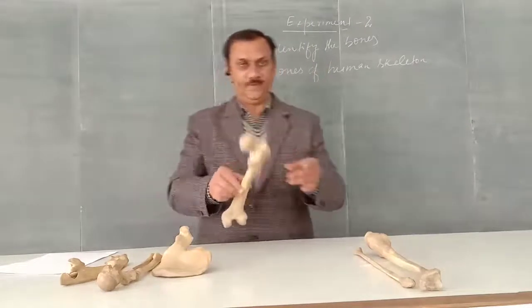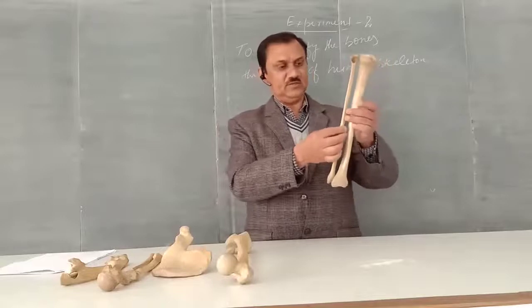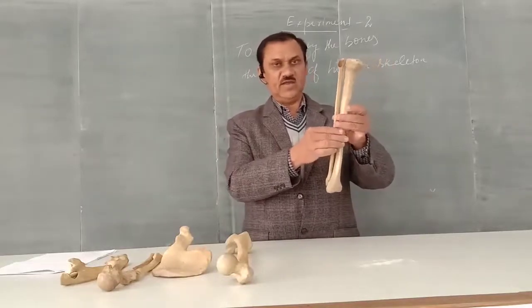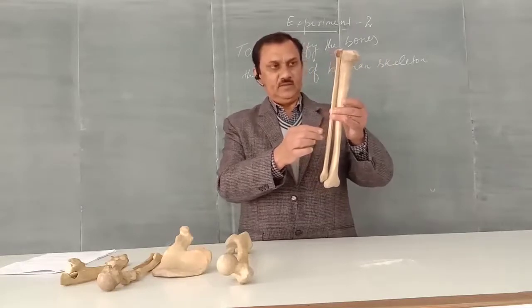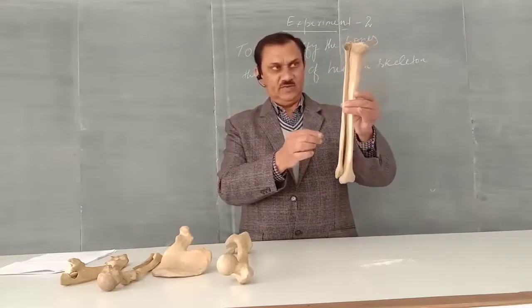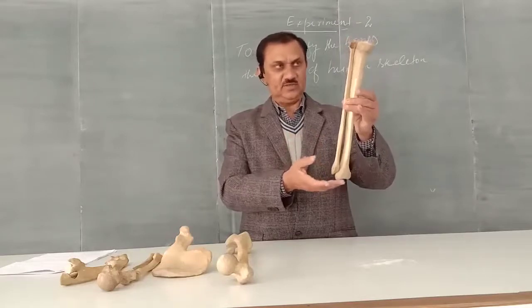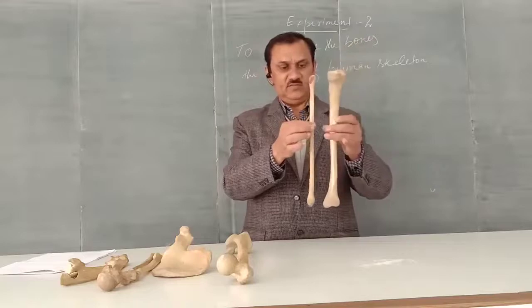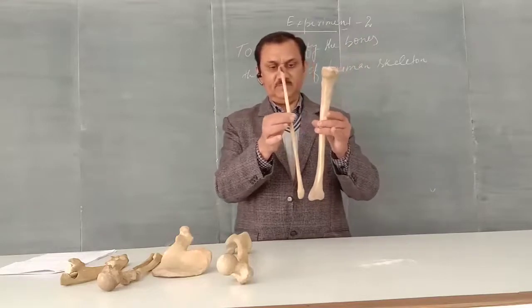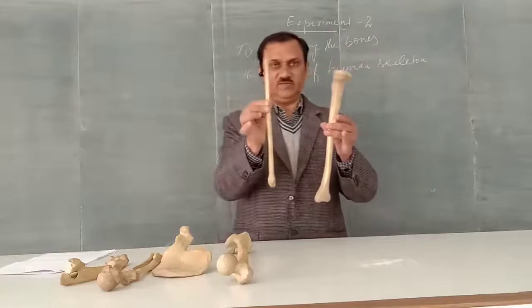Okay. These two bones are the bones of the shank region, of the lower leg. These two bones are present in between the knee joint and the ankle joint. One bone is stronger and thicker, while the other bone is very thin and feeble, hence it is called the fibula.